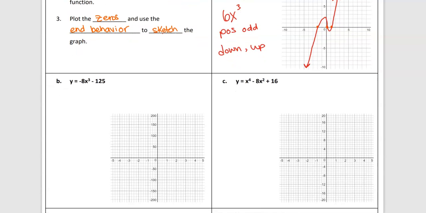Our next one is negative 8x to the power of 3, minus 125. It is a cube. You've got to factor it.